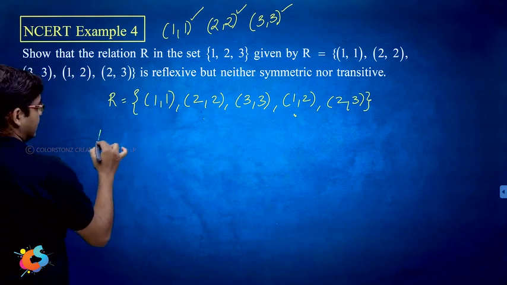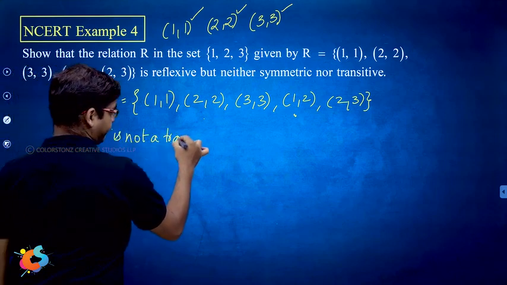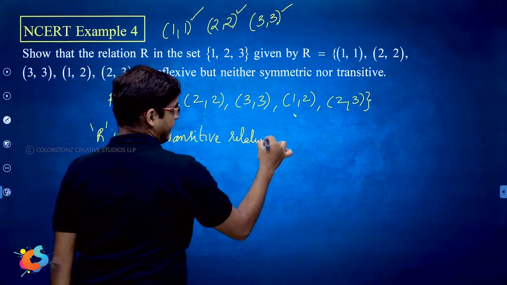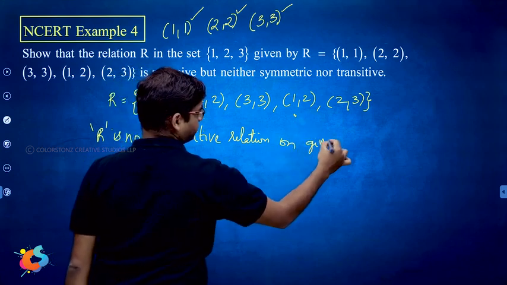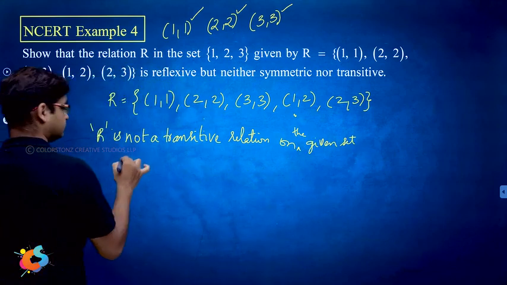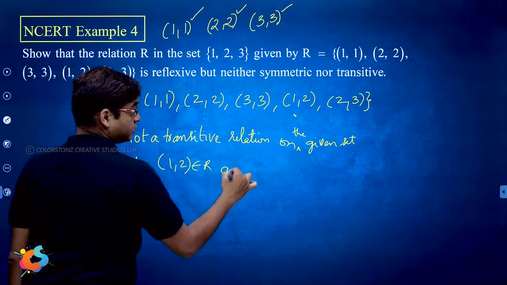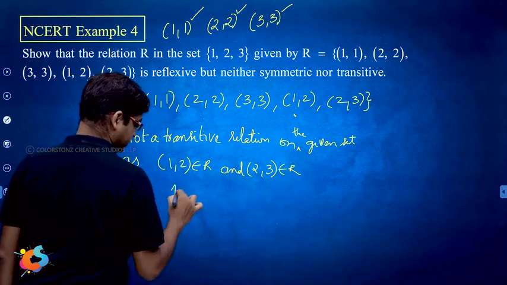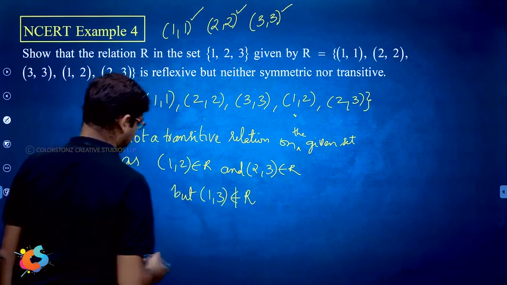So R is not a transitive relation on the given set, as 1, 2 belongs to R and 2, 3 belongs to R, but 1, 3 does not belong to R. So that's it.